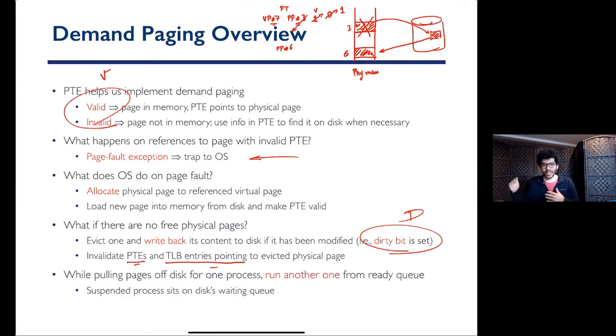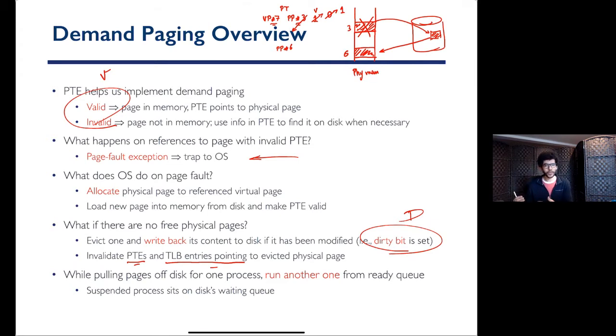While you're bringing a page from disk, this is going to take time, right? You're going to read bytes from your disk and bring them into your physical memory, and that could take a lot of time. So while you're doing this, you don't need to really wait. You could start running another process, assuming that your hard disk, your permanent storage, can DMA the information for you. This is what we saw in the past.